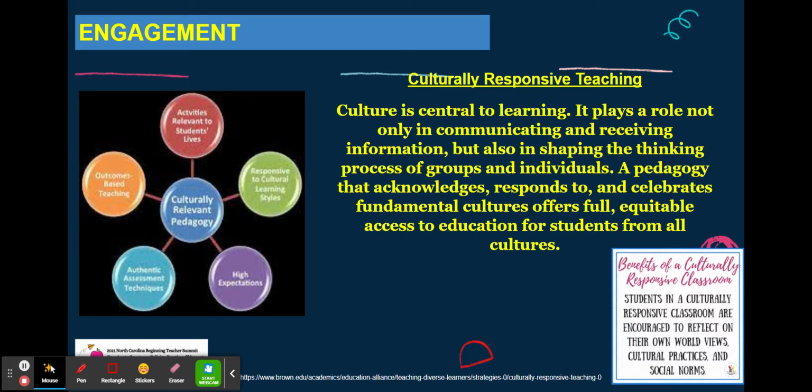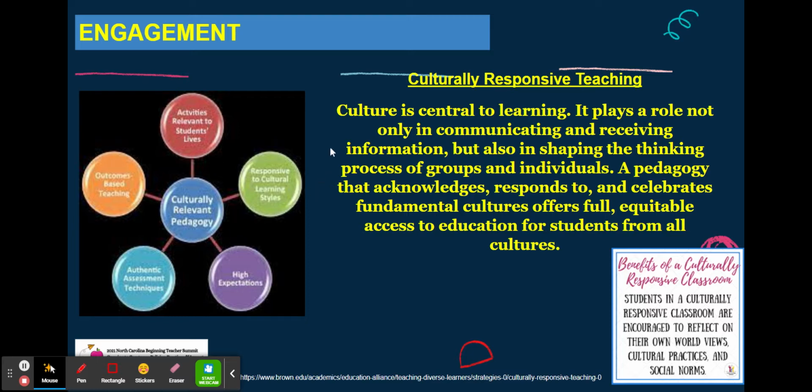When we think about being culturally aware, we also have to consider, are we culturally responsive? Do we reflect culturally responsive teaching in our classrooms? This is a huge factor when we think about student engagement. Having culturally responsive teaching strategies in your room is very important.